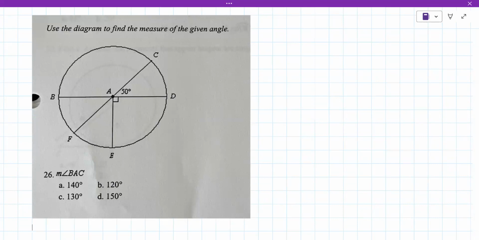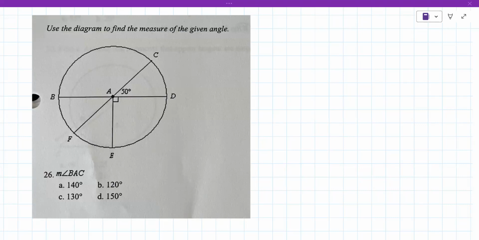All right. Give this a try, please. Is it 165? Well, that answer is not there, so I would suggest reworking that.